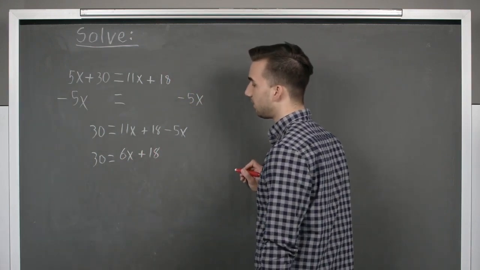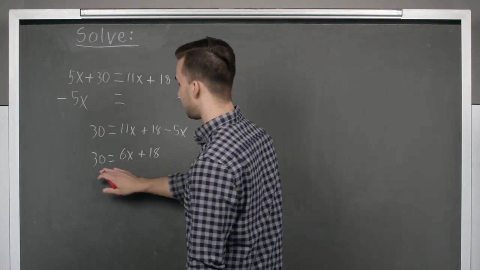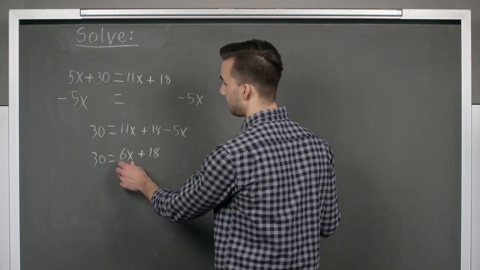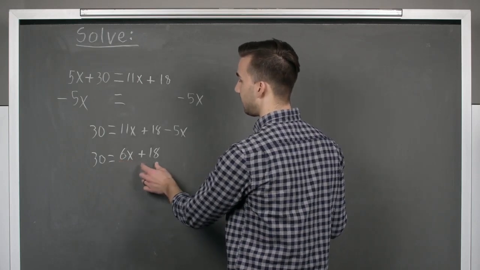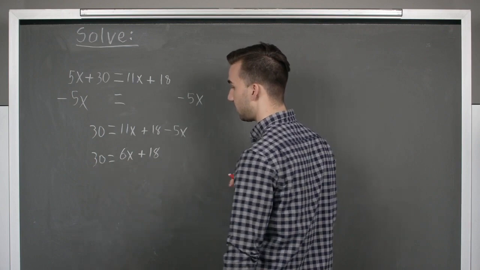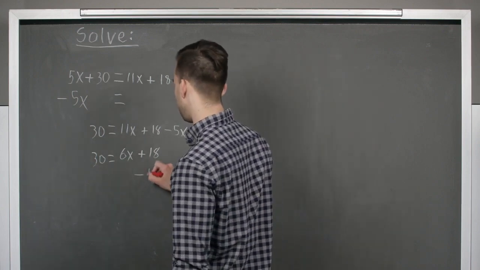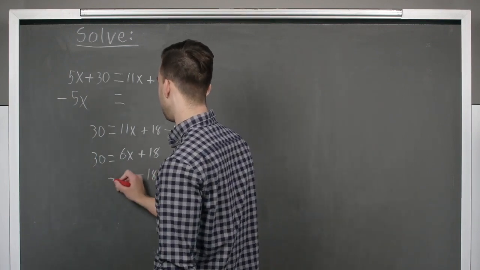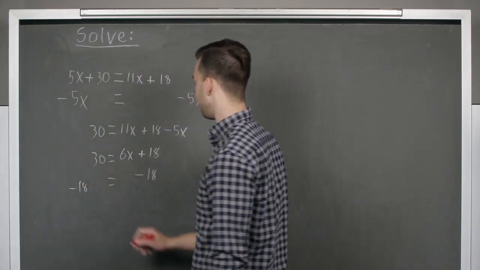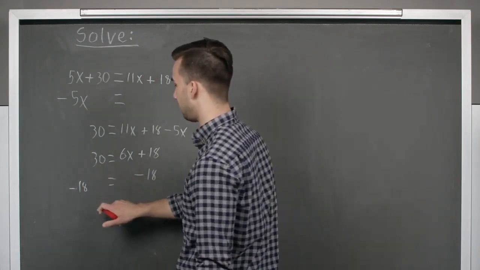So now our next step is to get whatever variable we have by itself. So we need to get the 18 out from this side. So let's subtract 18 from both sides. Negative 18. So what is 30 negative 18?